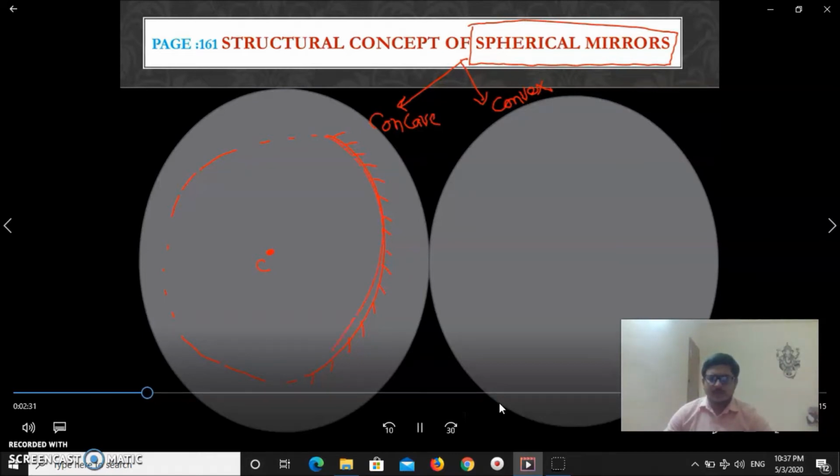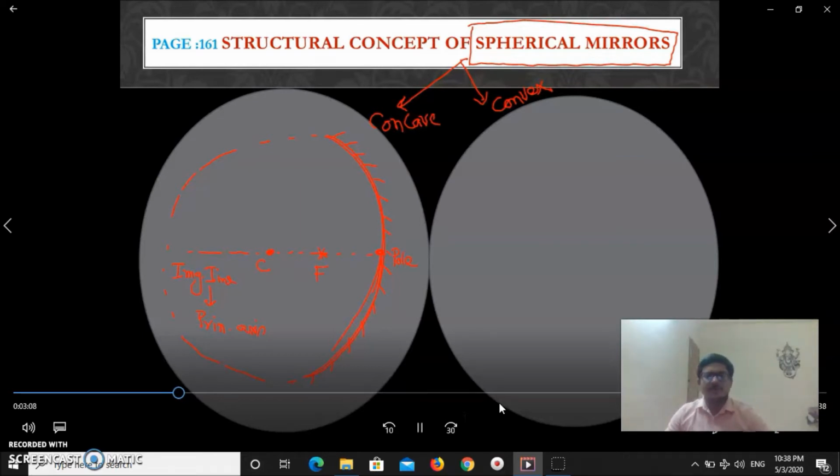Whatever the effective part of the mirror aperture, there should be a middle point known as the pole, denoted by P. Now we can join this pole P and center of the circle C by an imaginary line. So I just join. This imaginary line is called the principal axis.